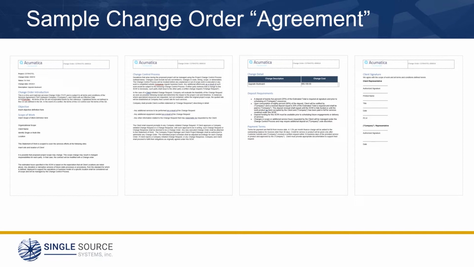Now, on page 1 to the far left, right below the logo, you'll see a collection of data. You've got a project number, a change order number, a status, change order date, and a description. That is actually data that is extracted from Acumatica and embedded in this agreement.